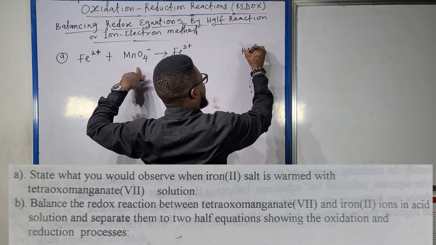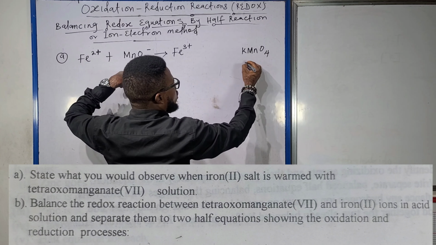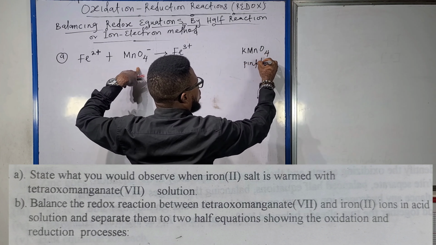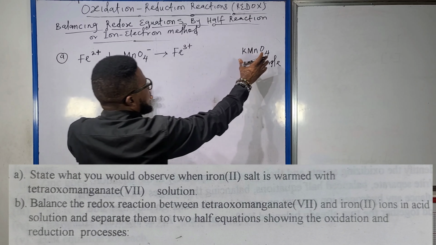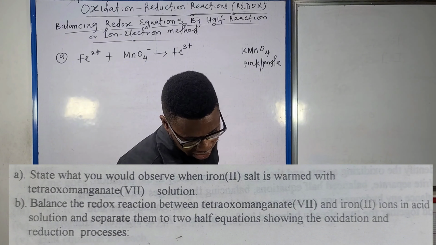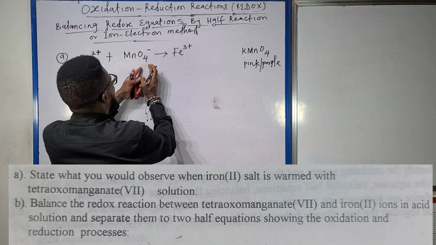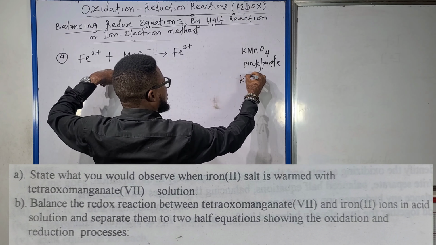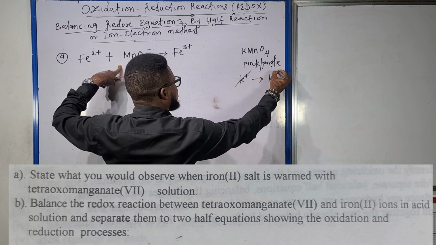The MnO4 minus is from KMnO4, and the color of this KMnO4 is pink, or you call it purple. Once you have KMnO4, like the question says, tetraoxomanganate 7 solution, what you're going to have is MnO4 minus, because the potassium ion on the reactant side is exactly what you'd have on the product side, so we strike it out.